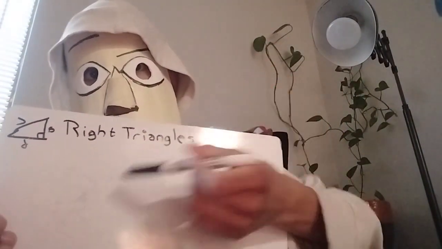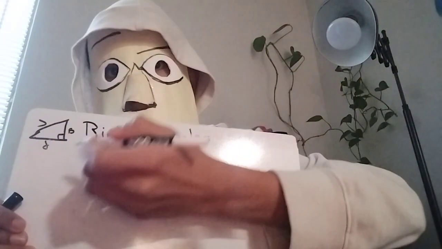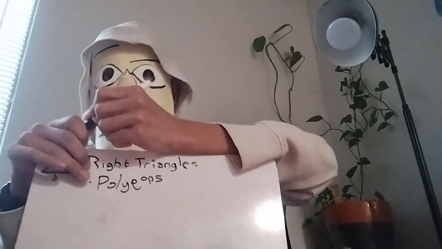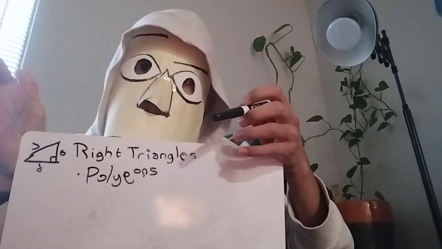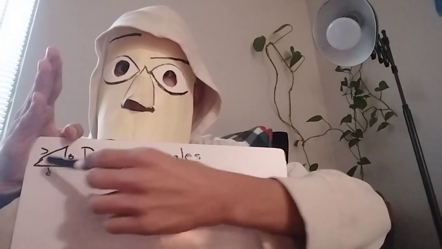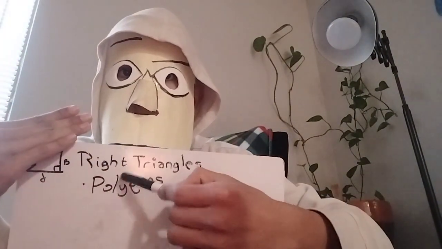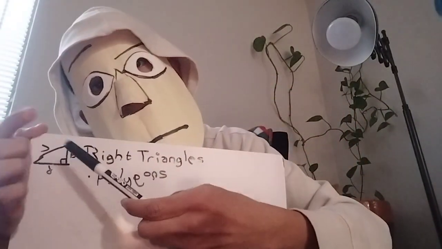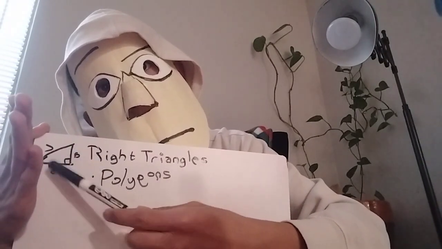Like all triangles, they're polygons, which are shapes that have straight sides, and the straight sides connect to make a shape. This has three sides, 3 vertices, I think they're called.